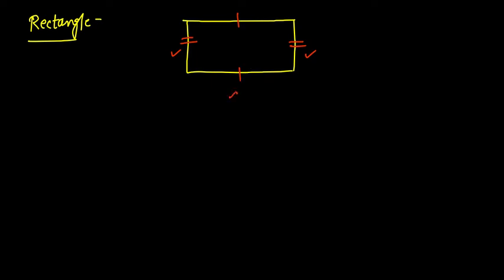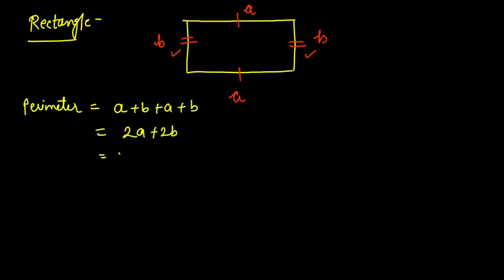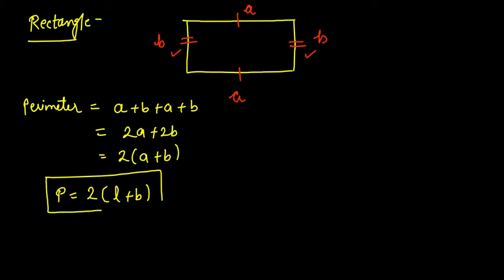So if this is A, this becomes A automatically because the opposite sides are equal. If this side is B, this side is also B. Now again, the perimeter of the rectangle is the sum of all its sides. So A plus B plus A plus B gives 2A plus 2B. If I take 2 common, it gives 2 times A plus B. A and B are the length and breadth. So the perimeter of a rectangle is twice of length plus breadth, which is again always measured in the units given.